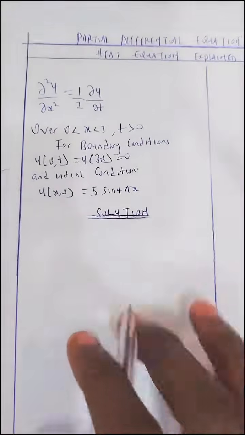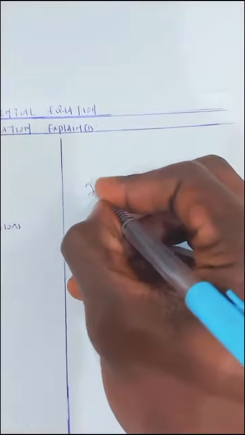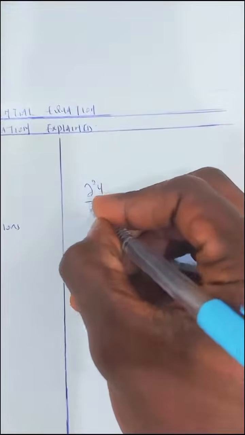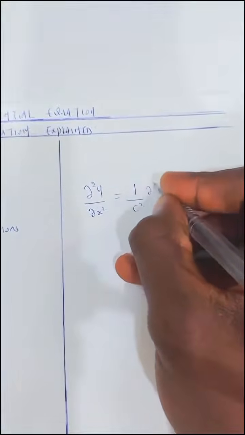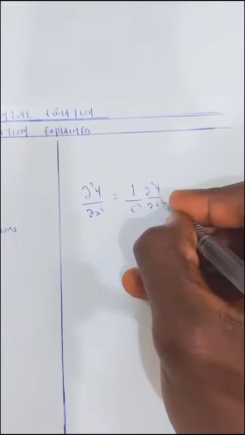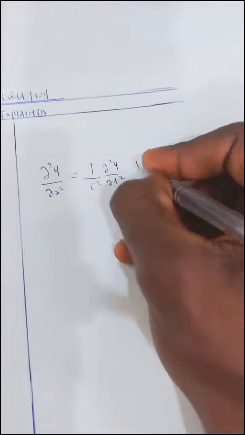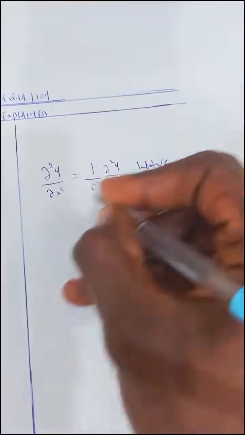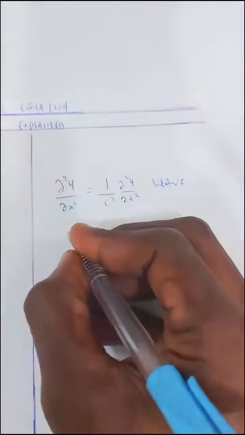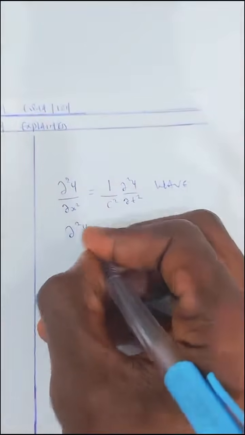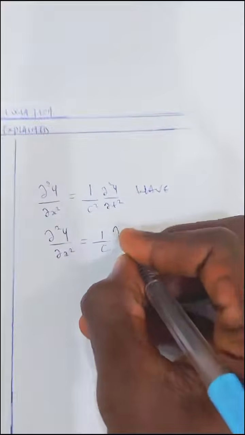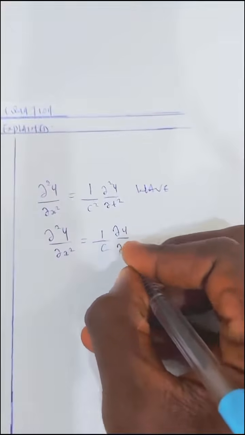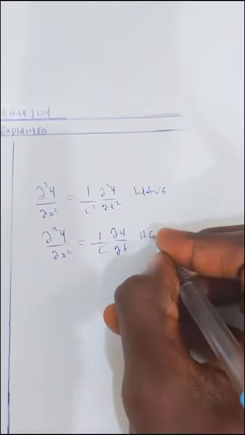So for the wave equation, this is how we write it: the second partial derivative of u with respect to x equals 1 over c squared multiplying the second partial derivative of u with respect to t. Then for the heat equation, we have the second partial derivative of u with respect to x equals 1 over c multiplying the first partial derivative of u with respect to t.